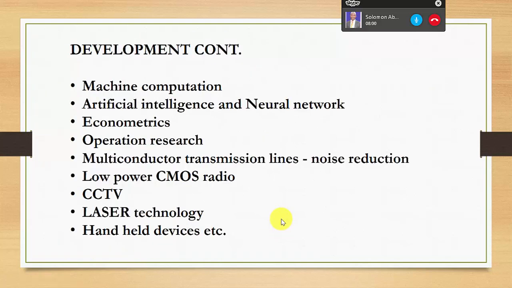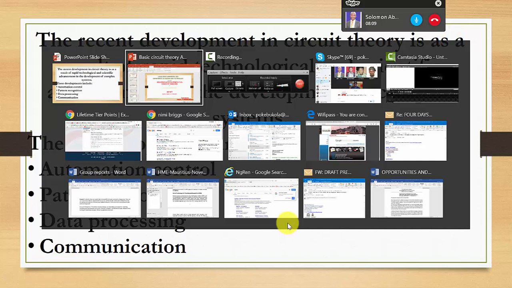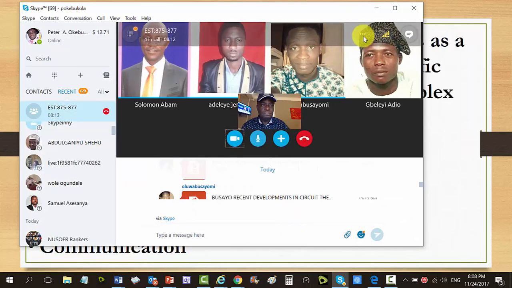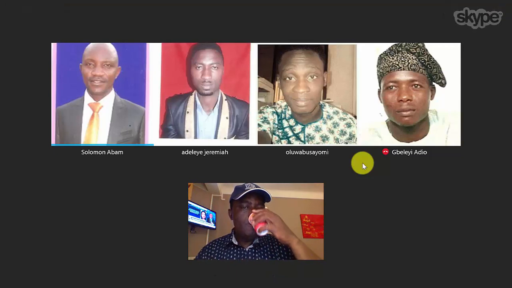In automation control, today we have systems all over the place, both in our cars and in our workplace, where some machine does work without you, the operator or the person supervising that machine, being bothered. This is part of the development that has occurred in circuit theory. Because of the high sensitivity of operation I mentioned earlier, systems are able to do jobs that human beings ought to be doing, and we are seeing results.